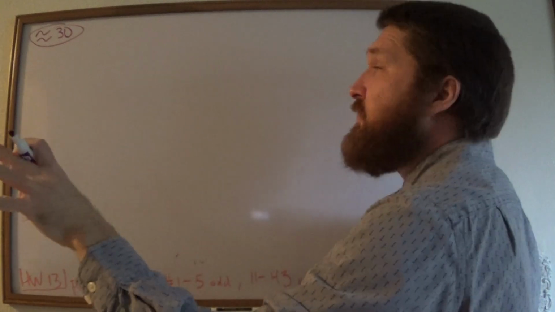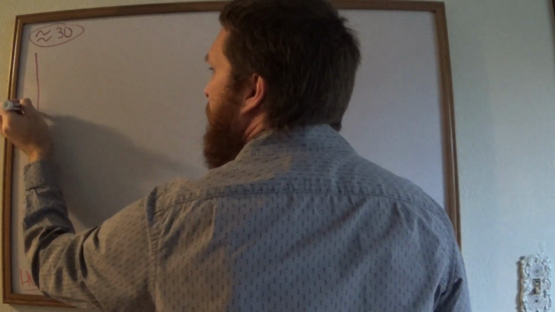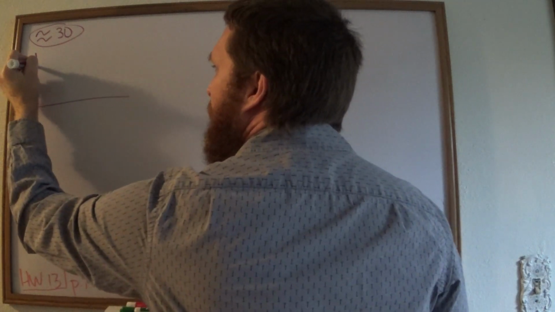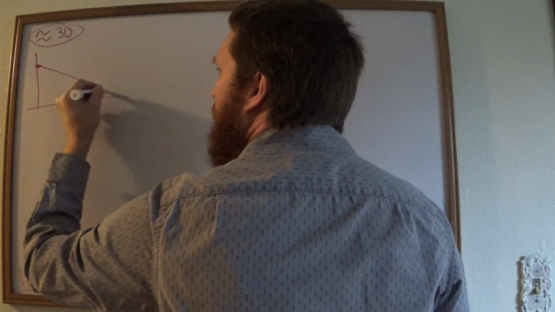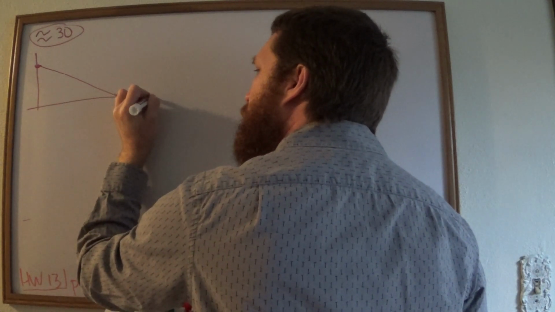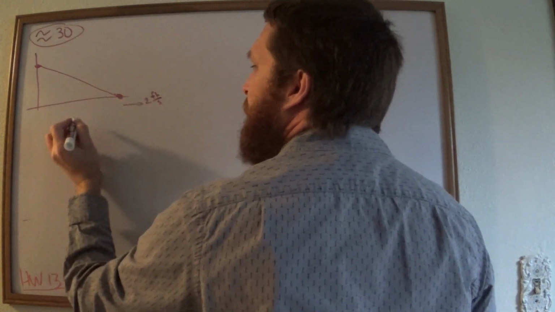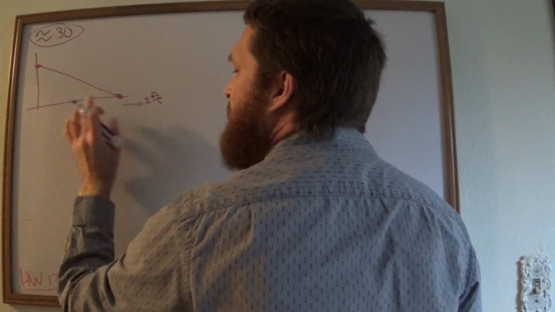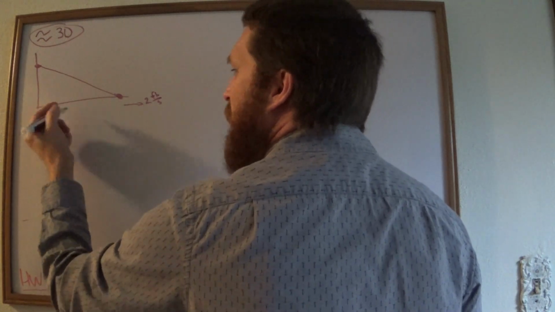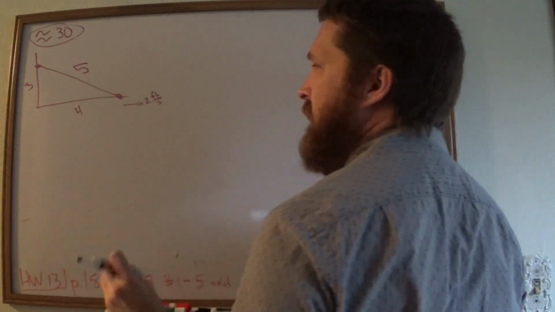Going back to our first setup where we had the ladder falling like this. This guy's moving at 2, what did we say, feet? I think it was feet per second. And we're talking about the time when this was 4 and this was 3, the ladder was 5, okay?